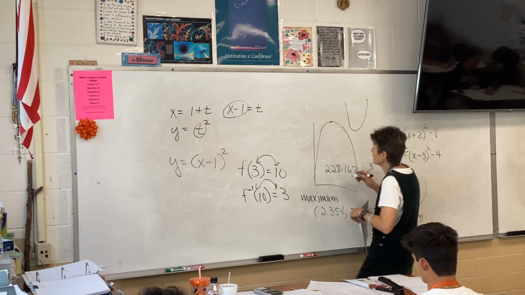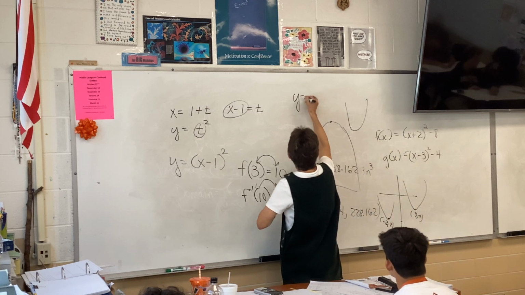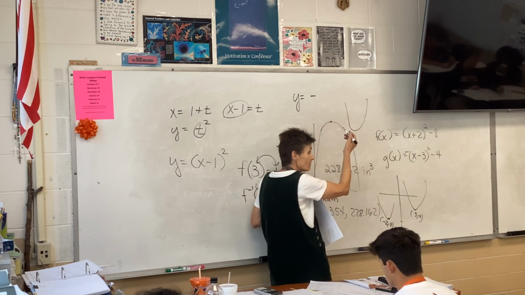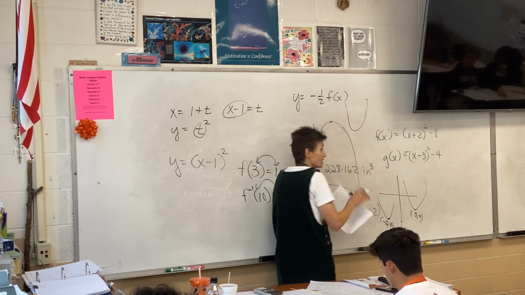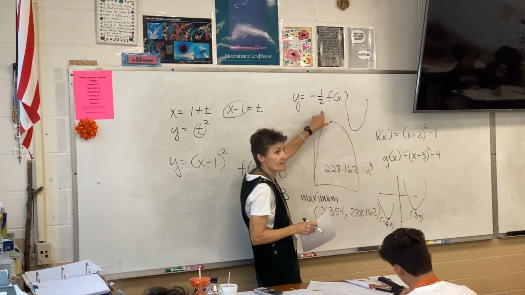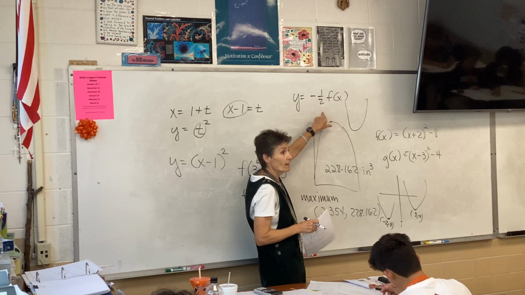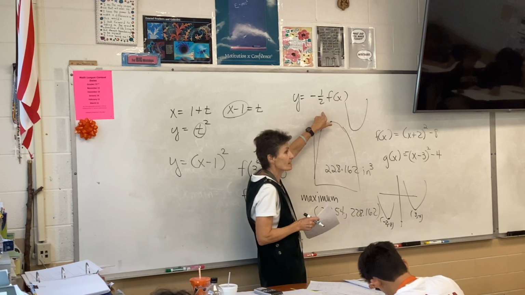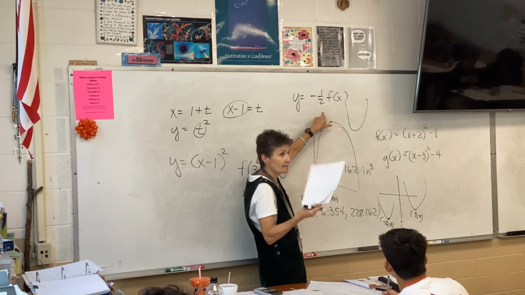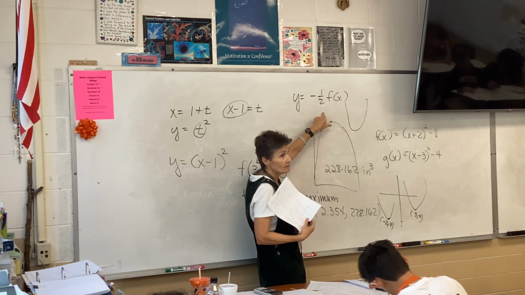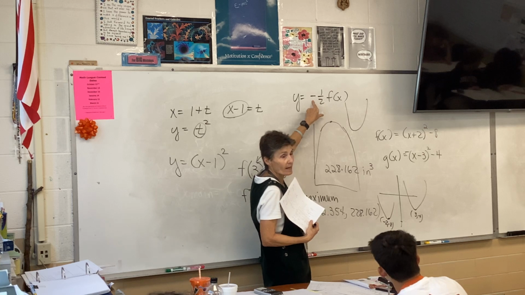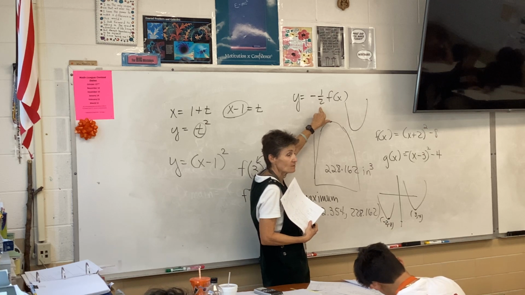So how do I write that in the equation? It's gonna be negative 1/2 f of x. Because what does that number do? It multiplies the y, the height, right? And didn't I cut it in half? Isn't my height half of what it was? This turned it upside down, this made it half as big.